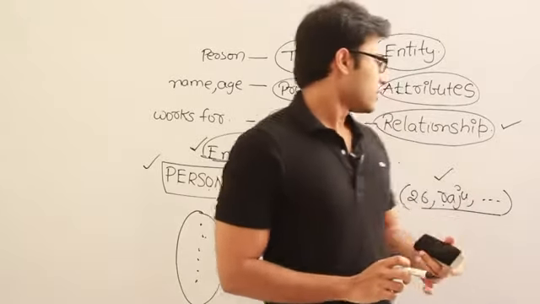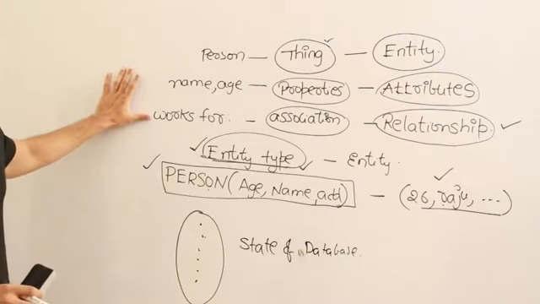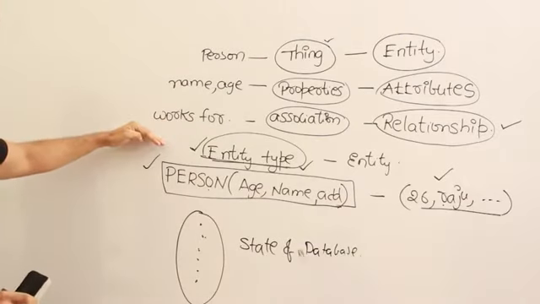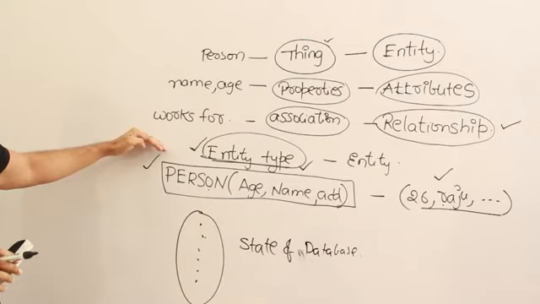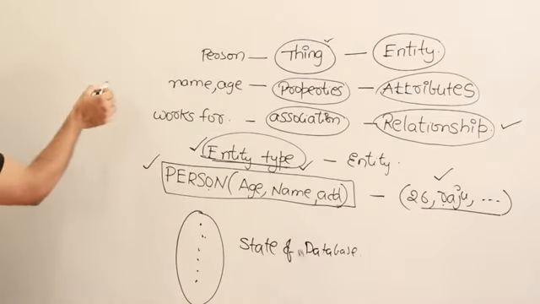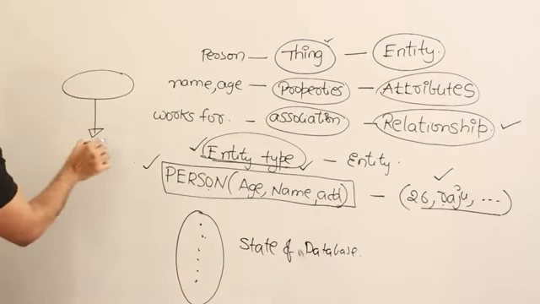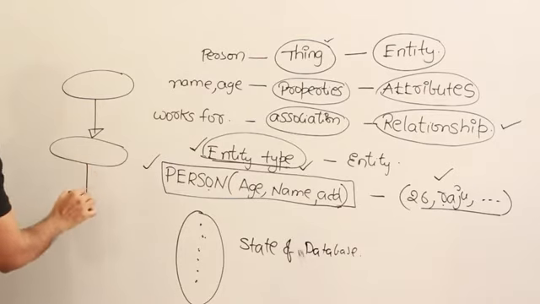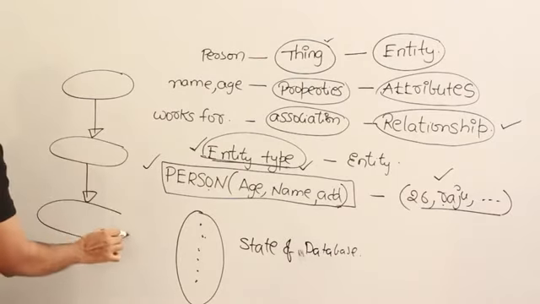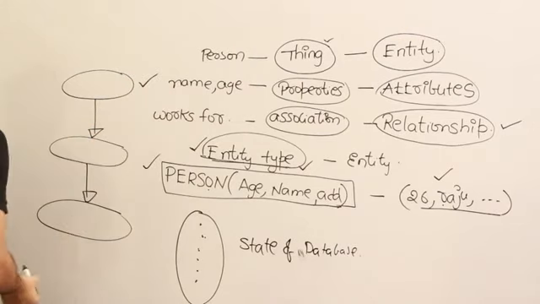Okay. So once we are done with this diagram representation, we go to the next level. If you remember, we were talking about the conceptual design, right? Once we are done with the conceptual design, then we go to the representation, then the physical representation. So now we are here: conceptual design.